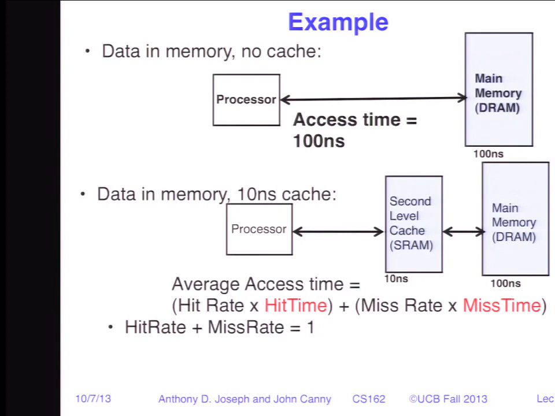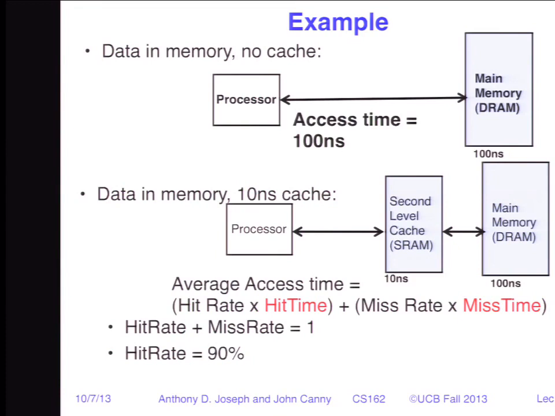Because either we find it in the cache or we don't find it in the cache and we miss. So let's look at different hit rates. What if our hit rate is 90%? What's going to be our average access time? Any clues? So 0.9 times our hit time, 10 nanoseconds, equals 9.